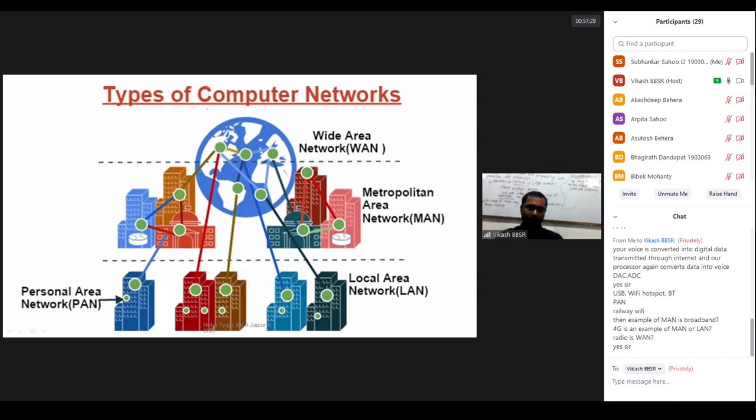See here, you may not draw this one, but for your knowledge, you can take a screenshot and understand.